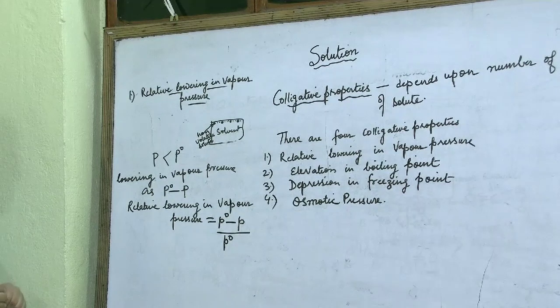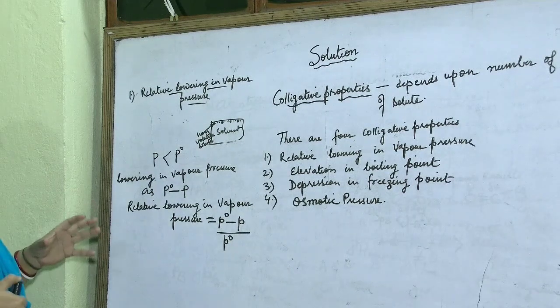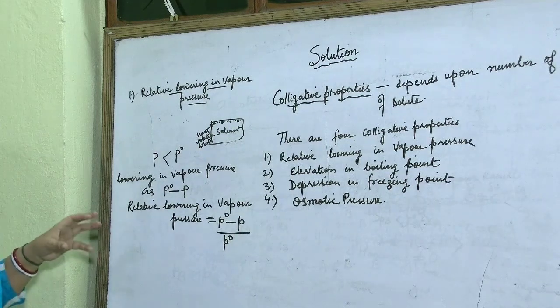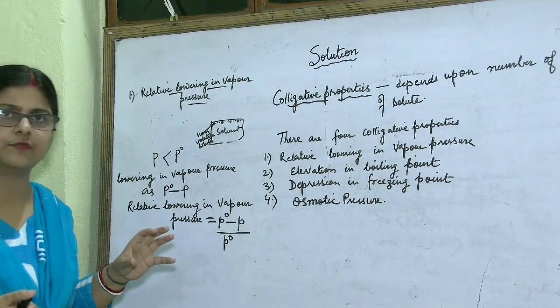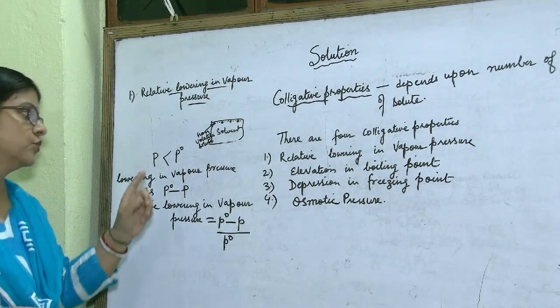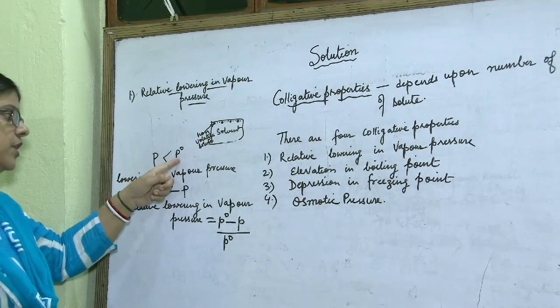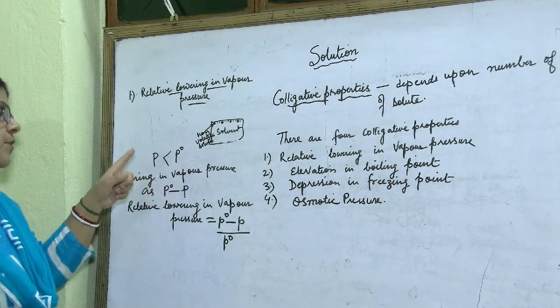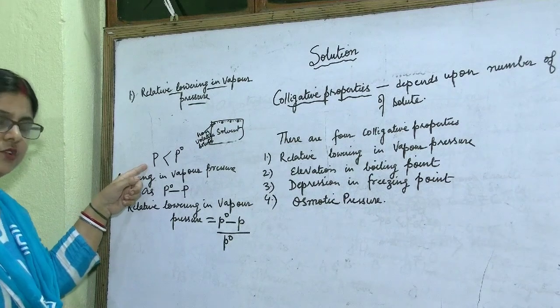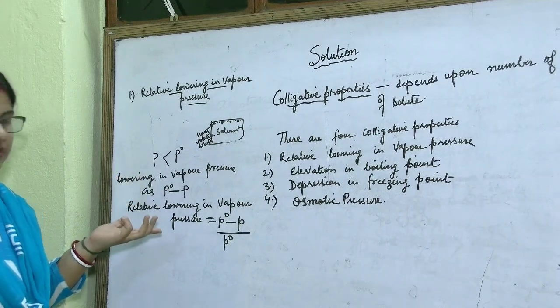Again, whenever we add a non-volatile solute to a solvent, the vapor pressure of the solution decreases, so the vapor pressure of the pure liquid will be more than that of the solution.